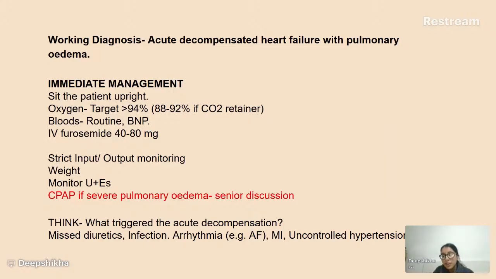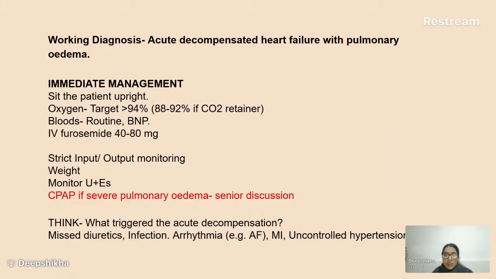You send off the bloods, and then you need to give her IV furosemide to immediately control her shortness of breath, 40 to 80 milligrams, depending on the weight, previous use, and what the renal function has been like. So these are the immediate things to do as an FY1.